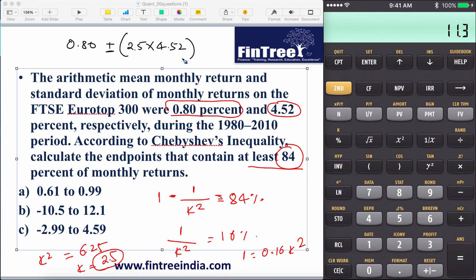I just saved it in one memory slot. So we will say 0.80 minus RCL1, so the lower boundary would be negative 10.5, and then we will say 0.80 plus RCL1, positive range would be 12.1, and therefore the answer that we're looking at is option B.